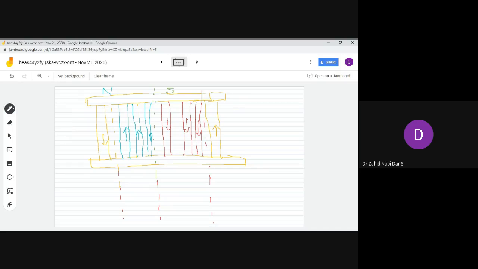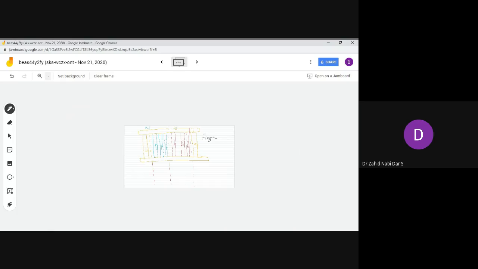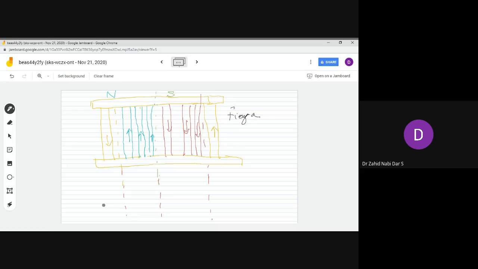So let this be figure A, and this, no, it's less. Okay, no problem. So this is the, it has to be little sinusoidal.